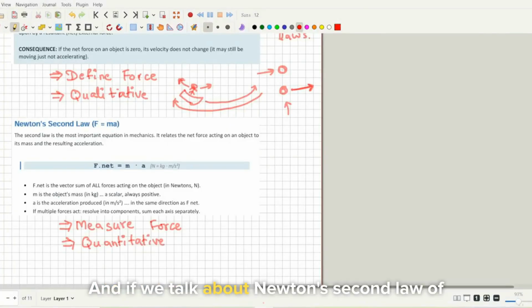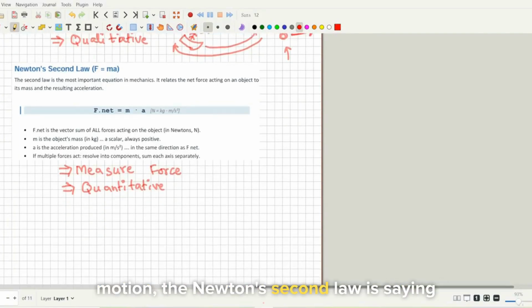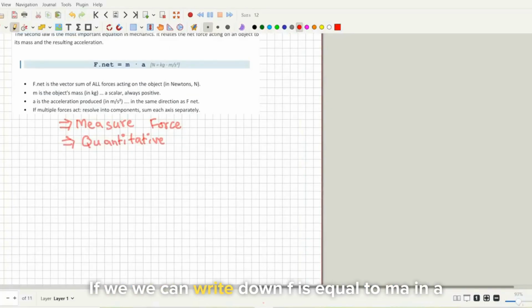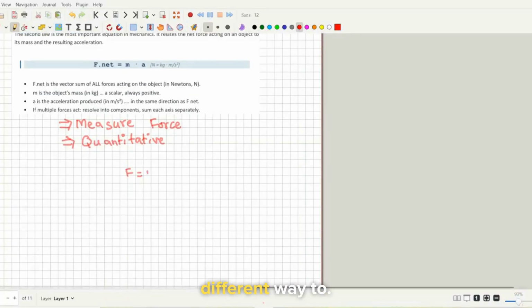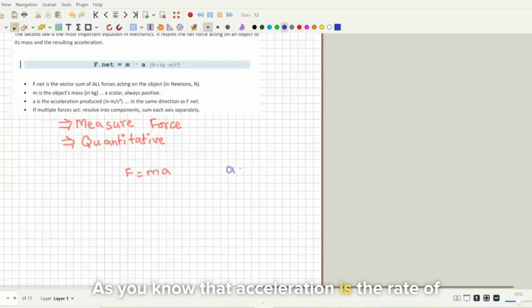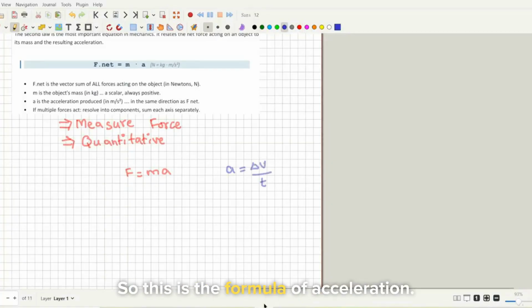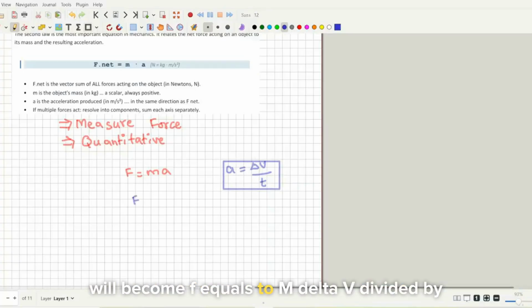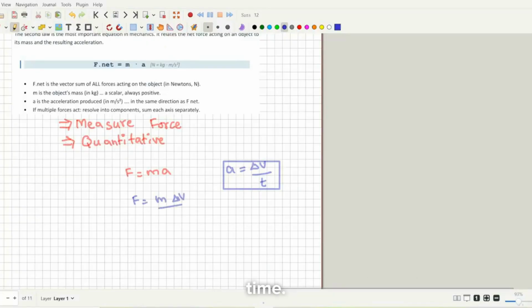Newton's second law says that the formula is F equals ma. We can also write F equals ma in a different way. What is the formula for acceleration? As you know, acceleration is the rate of change of velocity per unit time. If we use this formula here, then it becomes F equals m delta v divided by time.